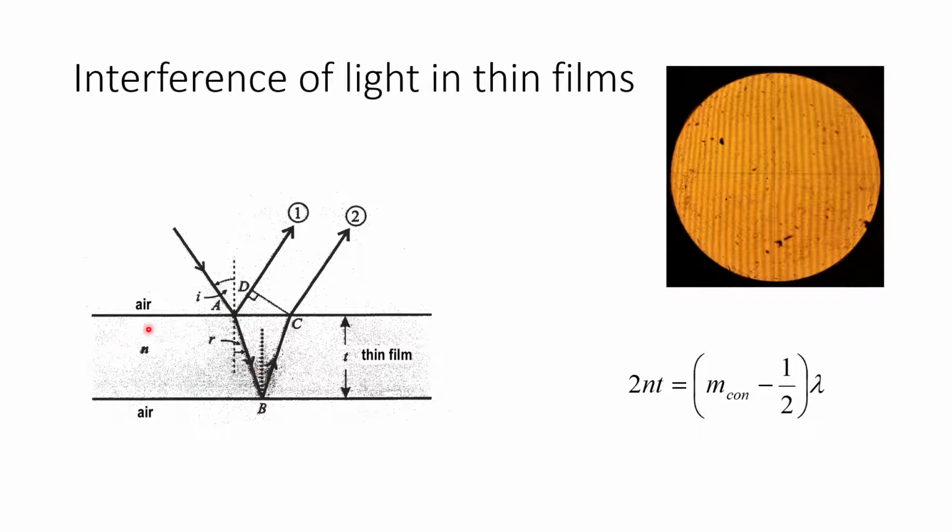When n is the index of refraction, this refraction causes a path difference similar to the double slit. If this path difference is exactly 1 lambda, then you create the bright interference pattern, and if it's exactly half a lambda, then you find the dark pattern that you see here. You're going to need a microscope to do this.